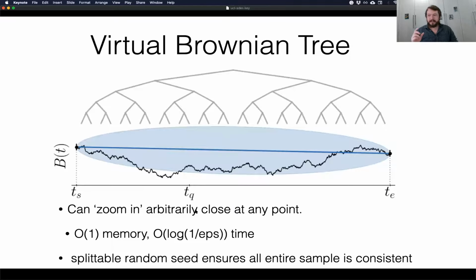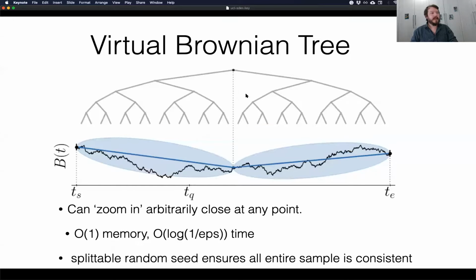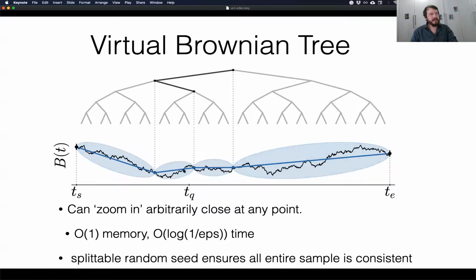And so the last technical contribution we made was to say, okay, there exists, due to Terry Lyons, this Brownian tree where if you ask, I want to know what is a sample from this Brownian motion at this time, you can keep sampling the edges of an interval that contains the point that you care about and zoom in arbitrarily closely.